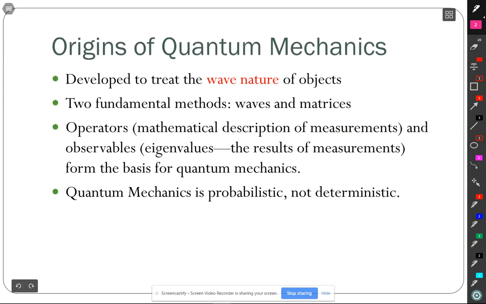Okay, so starting at the beginning, origins of quantum mechanics. You should still have that knowledge of where it all began and what the purpose of quantum mechanics was. When we look at Schrodinger, was he looking for quantized energies? No. He was simply starting with a wave.